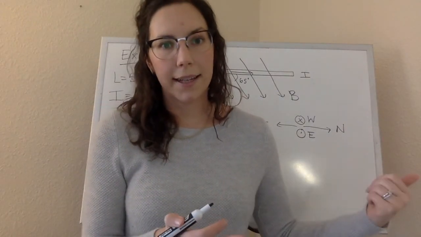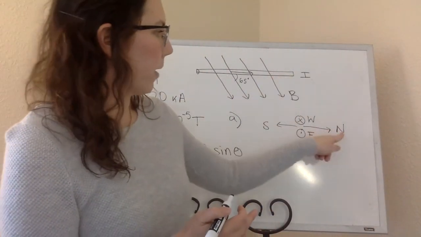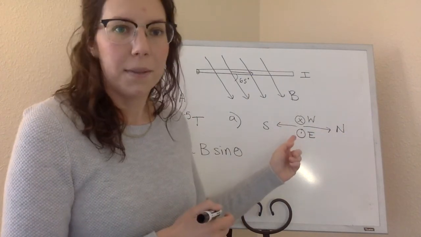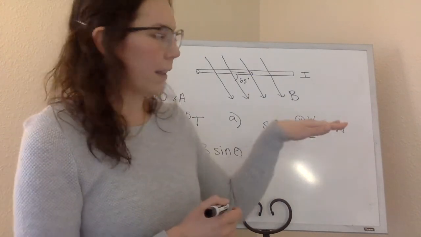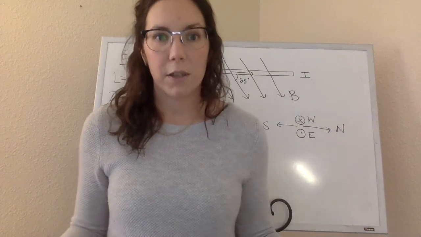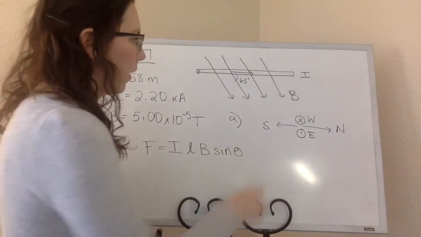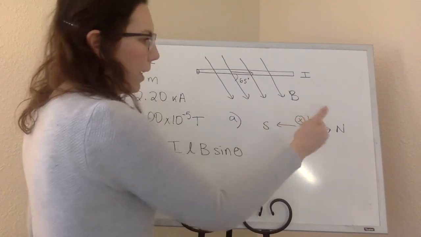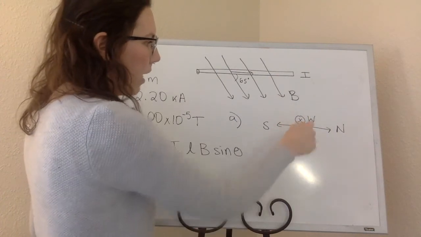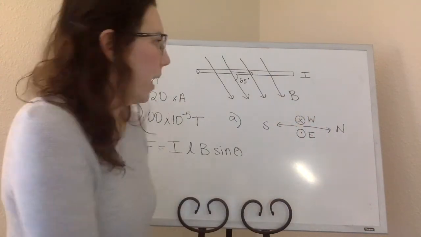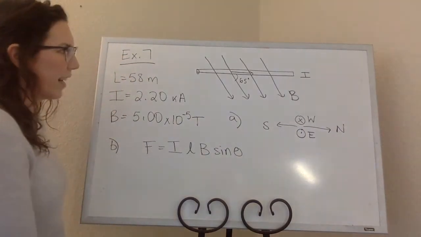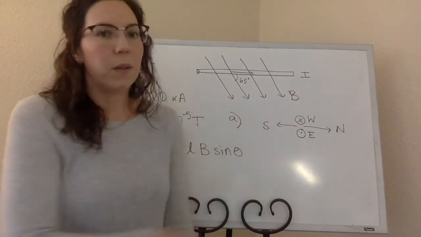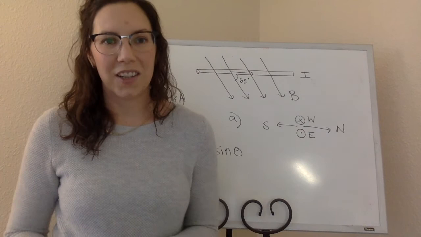So if we're drawing it like this, then this is north, this direction. So south has to be the opposite direction, and then if you picture this as the 2D plane above the surface of the Earth, if that's north, then east has to be this way in the plane, which is out of the page, and west has to be into the page. And then the magnetic field is 65 degrees below the horizontal in the downward direction.